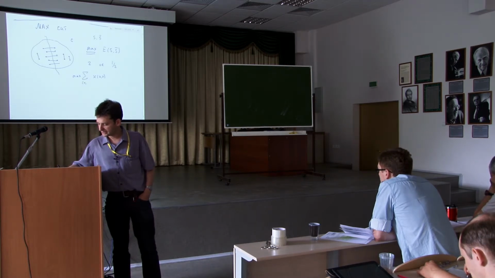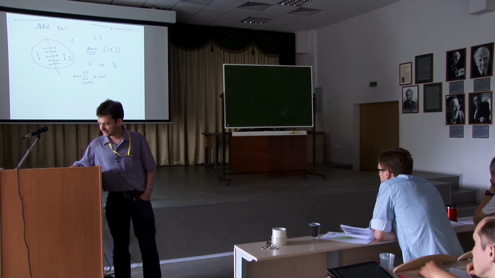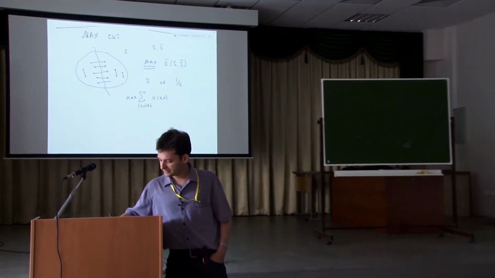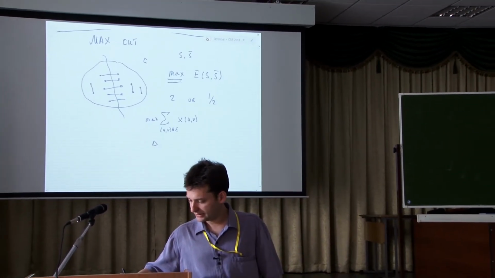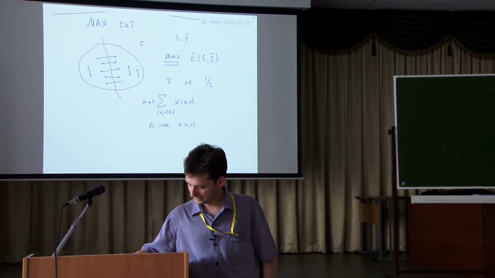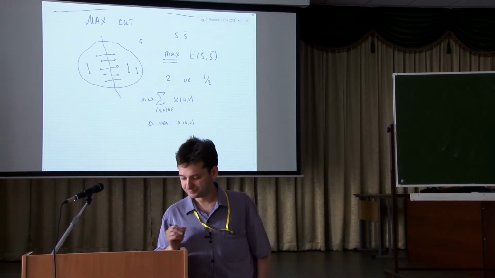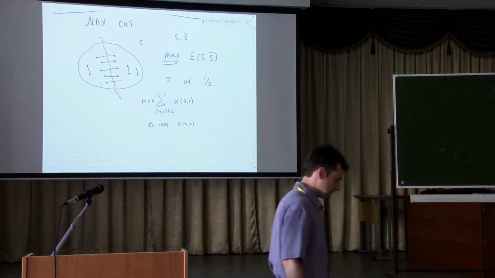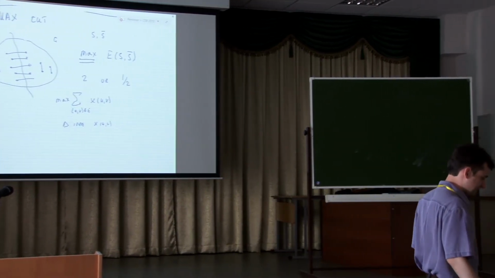So maximize the sum of x_uv over all edges e, and maybe add the triangle inequality for x_uv and other metric constraints.